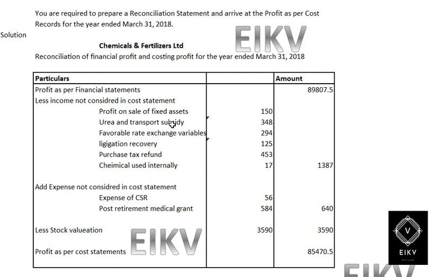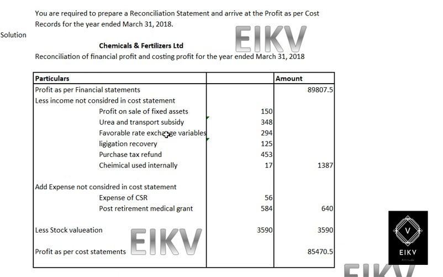Likewise, urea and transport subsidy is already included in 89,807 and is not relevant in the cost statement. Therefore, we need to deduct that amount, 3,348. Then favorable exchange rate is also the same, which is already entered in the profit of 89,807. So for arriving at the costing profit, we need to deduct such amount.